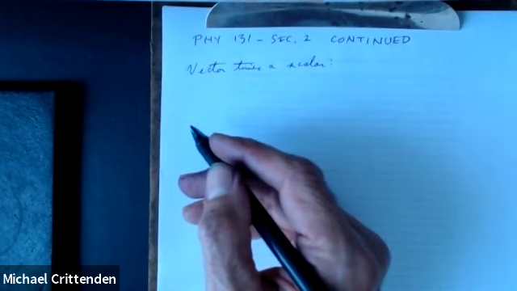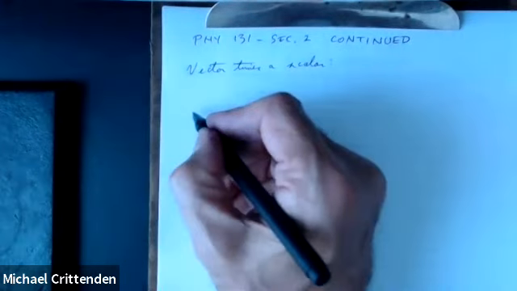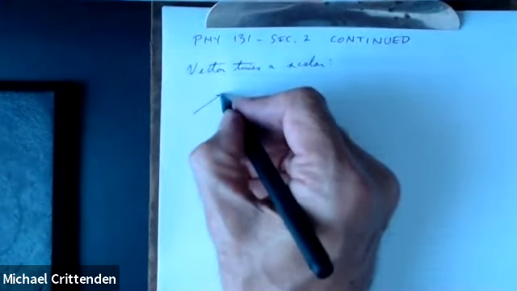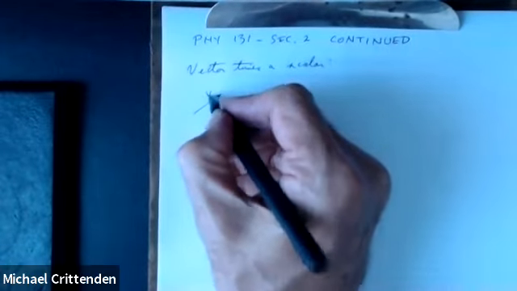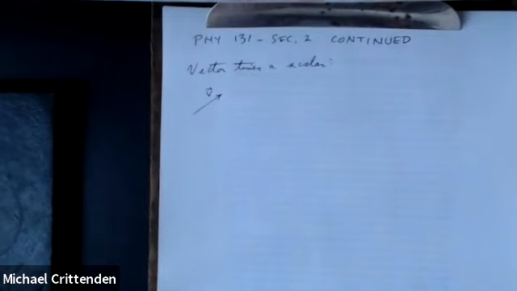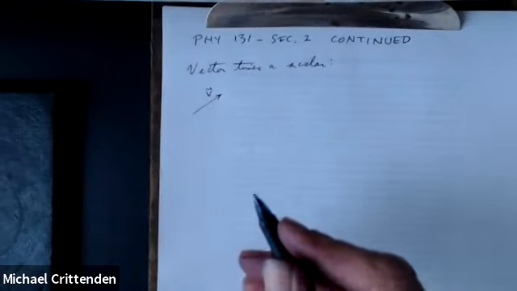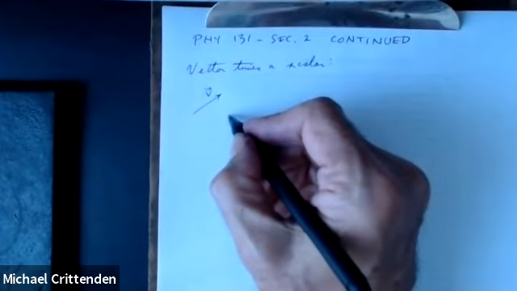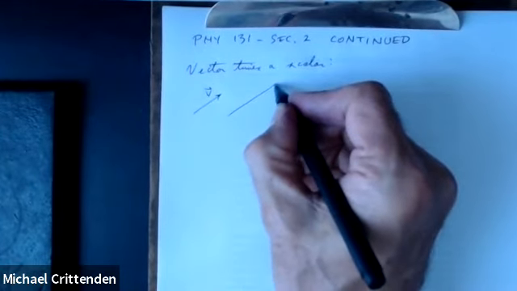If you've got some vector, we'll call it V for vector. If you want to multiply that by 2, I'm just going to kind of eyeball this. That looks about twice as long.